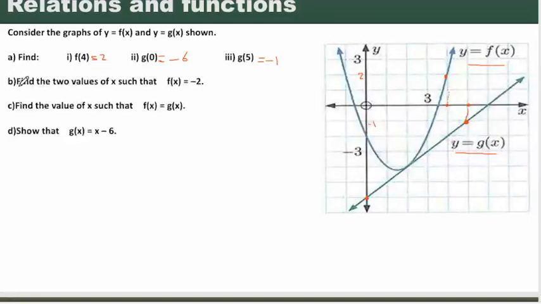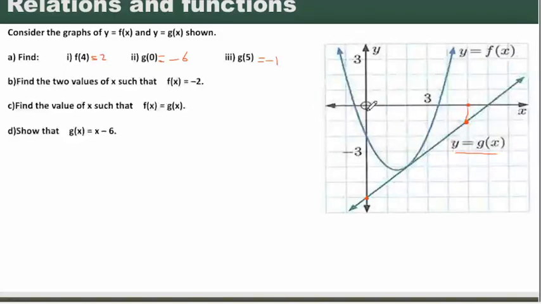Part B asks, find the two values of x such that f of x equals -2. For graph f, I have to see where the graph f is -2.